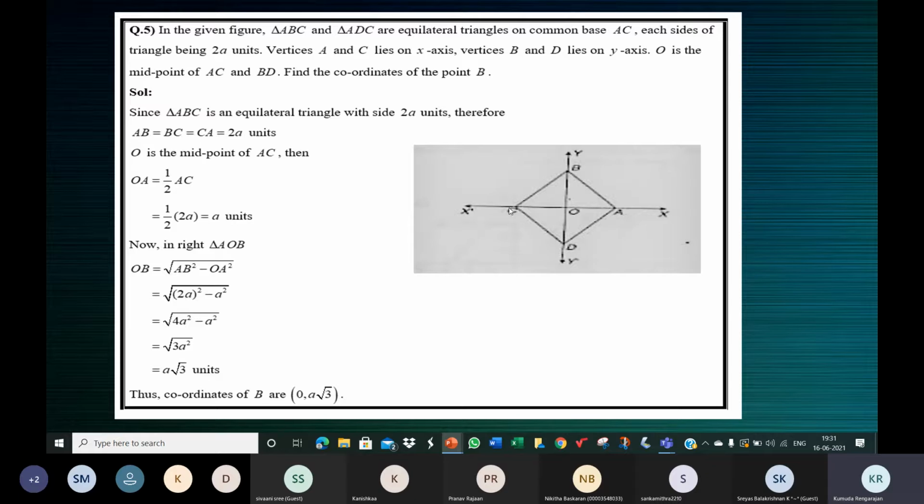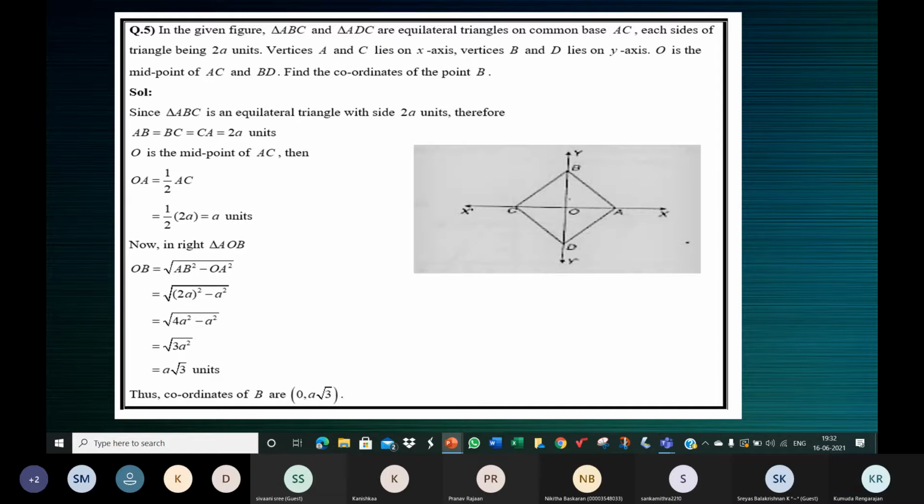ABC is a triangle. So it is root 3 by 2 into 2A. So 2 and 2 will get cancelled, root 3A. Directly you can get it. You don't have to use Pythagoras theorem. You can just use the formula to find the length of the altitude.